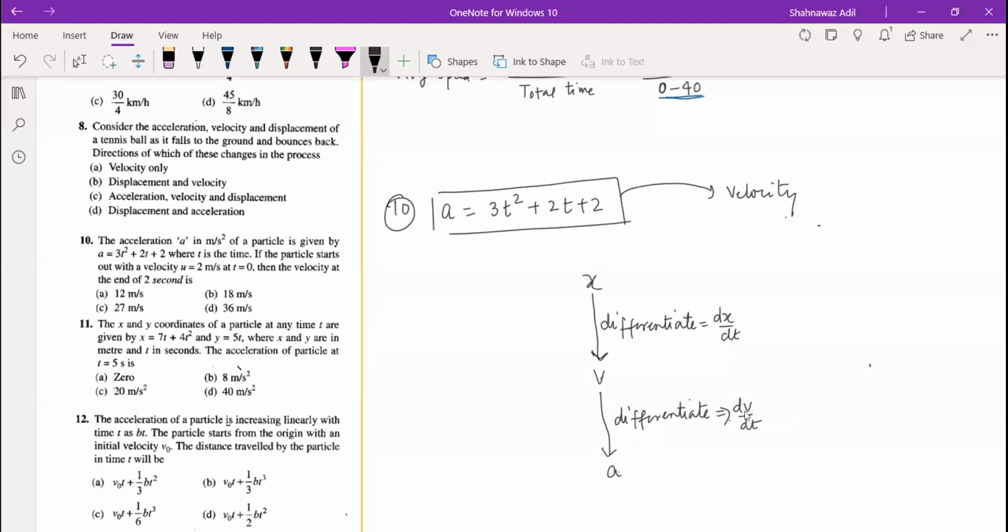But if you want to go from acceleration to speed or velocity, what would be the operation? The opposite of differentiation, that is integration. So V would be the integral of A dt. Similarly, when we want to calculate position or distance from velocity, we integrate.